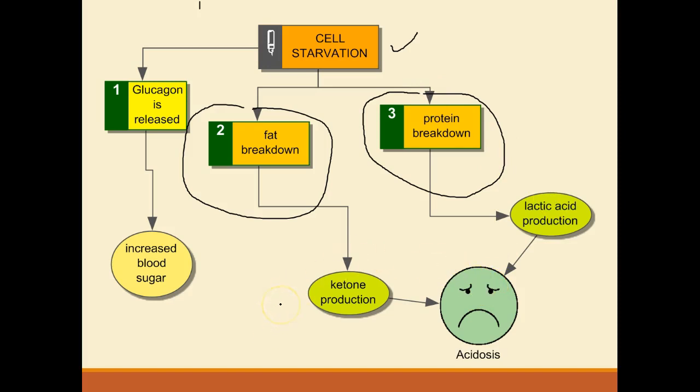So you can understand that the body just really doesn't realize that there's glucose circulating, so it just goes into this perpetual cycle of trying to save itself, but in the end it's actually destroying itself through metabolic acidosis.